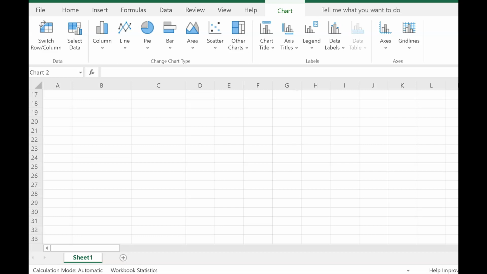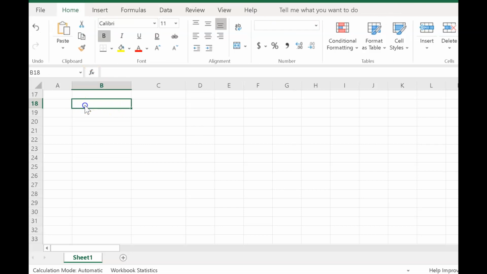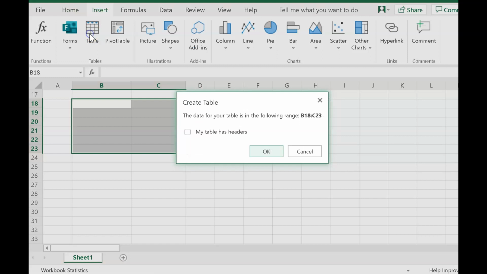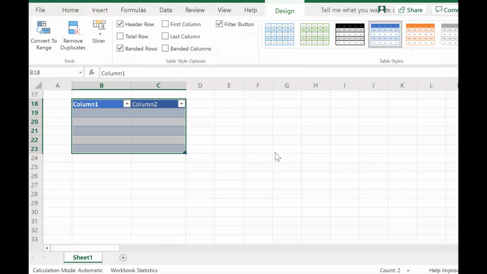So that's going to be 5 lines and the header. Okay, so let's do 1, 2, 3, 4, 5, and the header. I think this is what will be enough. We are gonna again go ahead and insert the table. Yes, I will have the header.